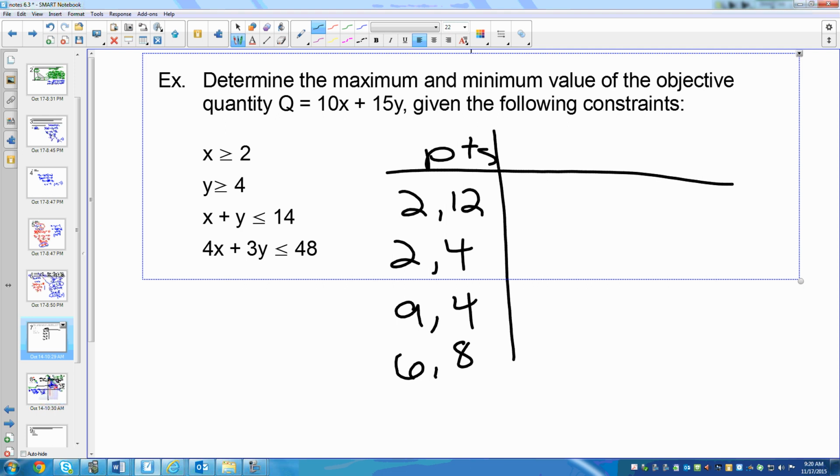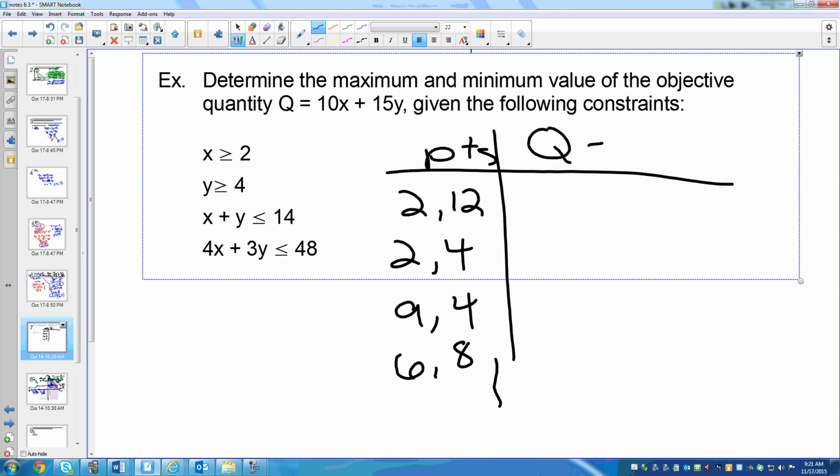Okay? If I was looking for just the maximum, well, I wouldn't look at 2 and 4, right? Because I have one that says 2 and 12, and I have one that says 9 and 4. So if I was just looking for the maximum, I wouldn't even do the work for 2 and 4. Okay? But we're looking for max and min, so we should do the equation.